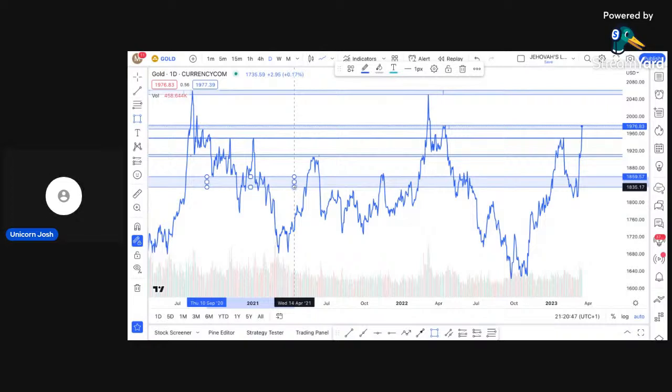So I'm dropping down, got here and it reversed, where the market respected that same zone. So that is what zones are all about.